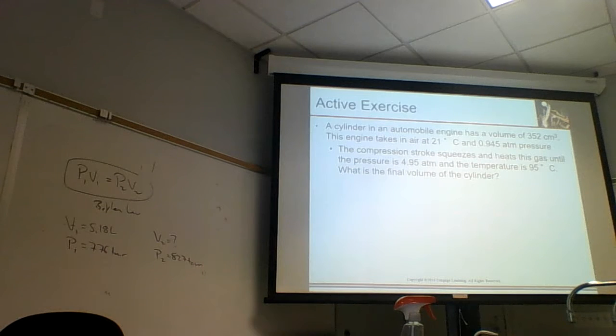All right, so let's use this equation here. A cylinder in an automobile engine has a volume of 352 cubic centimeters. So we'll just call that V1. V1 equals 352 cubic centimeters. This engine takes in air at 21 degrees C, so T1 is 21 degrees C, and 0.945 atmospheres of pressure.